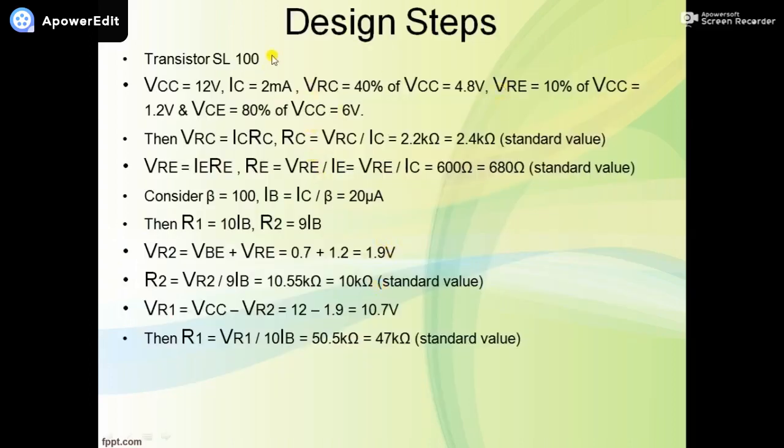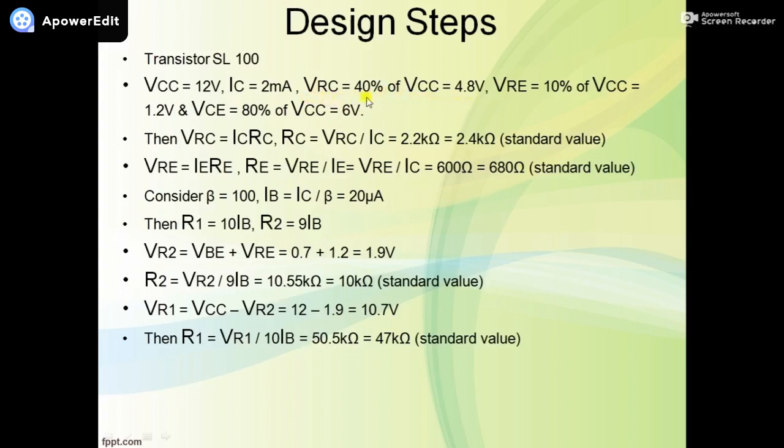Next we'll discuss the design steps. Consider we are using an SL100 transistor, VCC is 12 volt, IC is 2 milliampere, and VRC, the voltage across the collector resistor RC, is 40% of VCC. This is according to the specifications of the transistor.